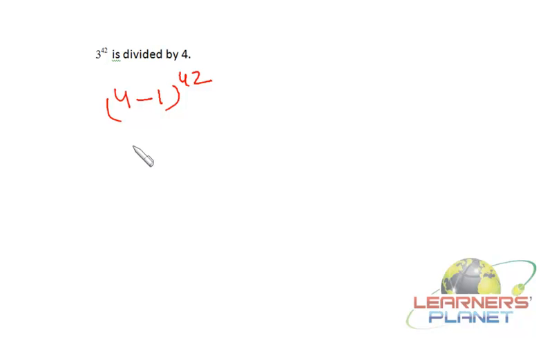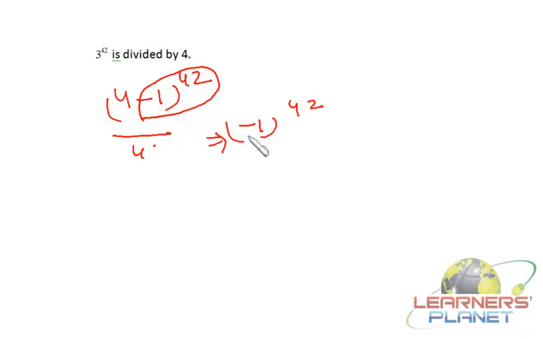If it is divided by 4, then in the expansion of 4 minus 1 raised to 42, each and every term will be a multiple of 4. So we'll be getting the remainder through minus 1 raised to 42 only. So minus 1 raised to 42 will be 1 only.